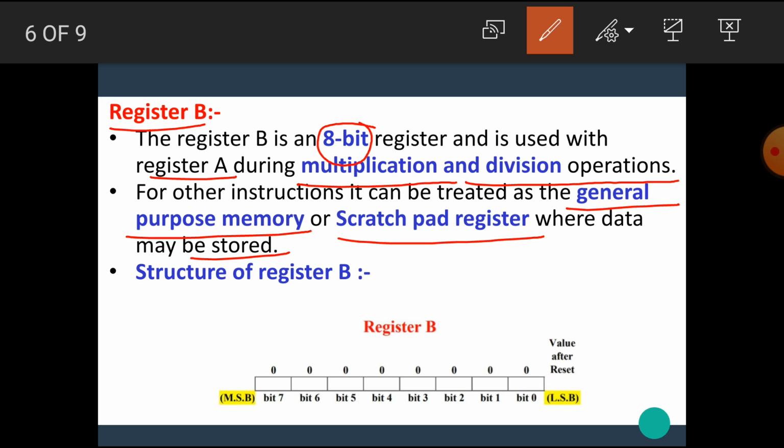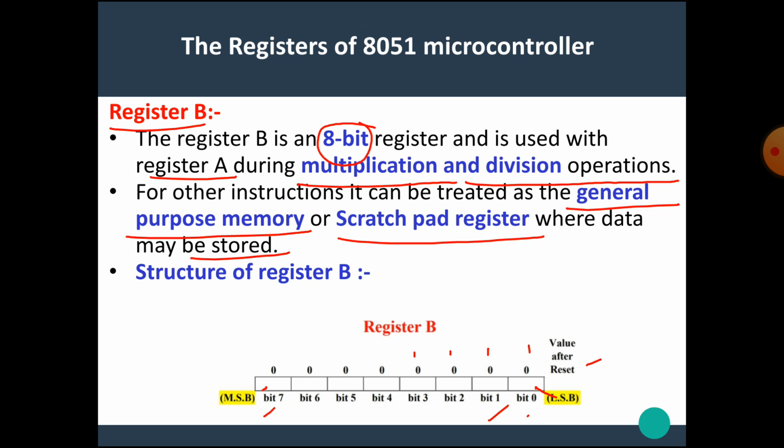The structure of register B is similar to the accumulator register, that is, it is also an 8-bit register, bit 0, bit 1 to bit 7. This bit represents LSB, this bit represents MSB, and after reset each bit contains 0. Okay, I hope you understand.